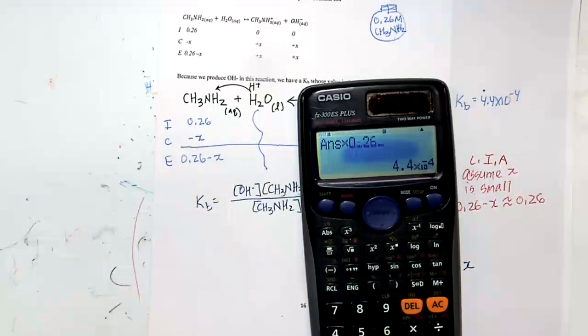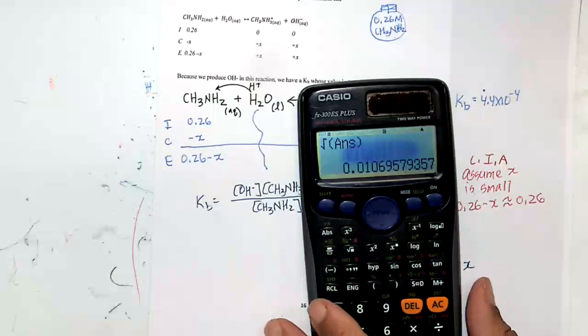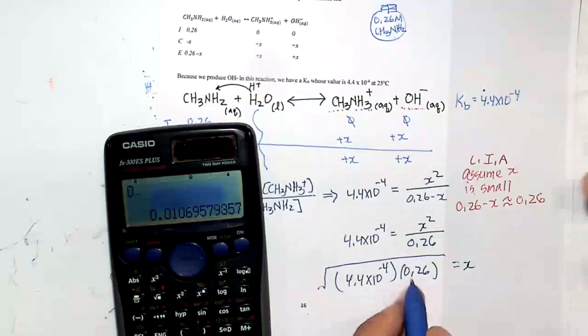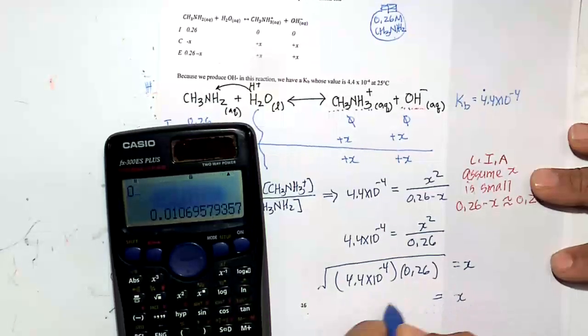Times 0.26. And where's the square root button on this guy? I'm getting 0.0107 big M. Here you want to put the units. 0.0107 big M.